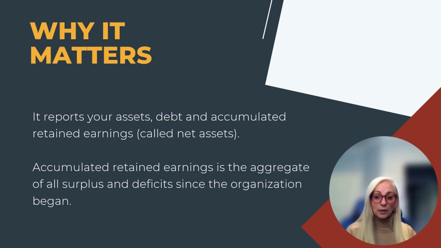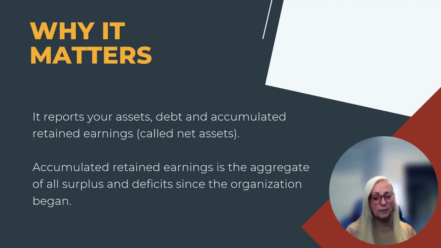The balance sheet matters because it reports your assets, your liabilities, also known as your debt, which is really important to keep your pulse on, and also the nonprofit version of retained earnings, called net assets. In a normal balance sheet in a for-profit organization, you'll see assets, liabilities, and equity. Equity implies ownership, though, and not-for-profits can't have ownership.